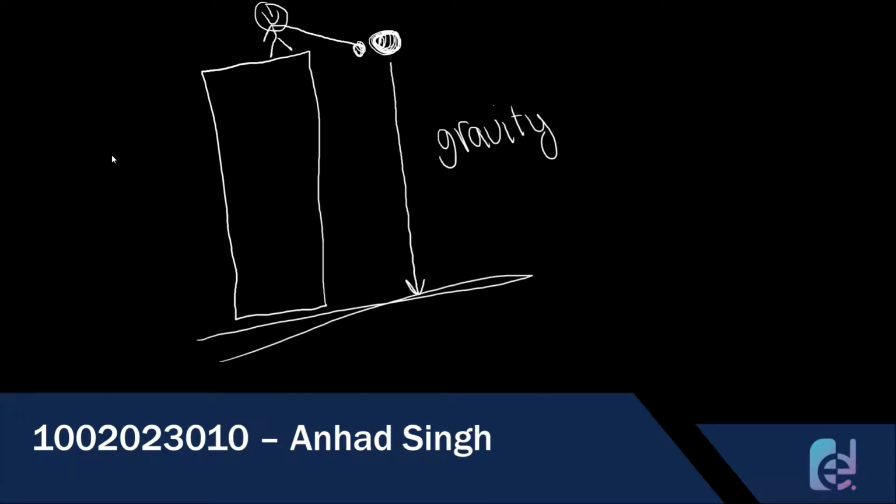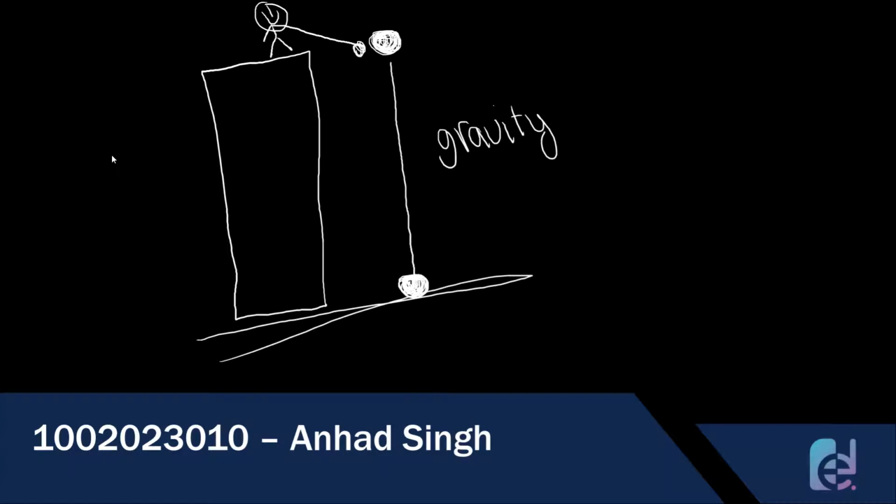It's not just going to float around in the air. When you're taking this ball to the top of the building, you're giving it gravitational potential energy. Basically, you're giving it a lot of potential energy. When this ball is up high, it has potential energy, and gravity pushes it down, gives it kinetic energy, and it reaches the ground right here.